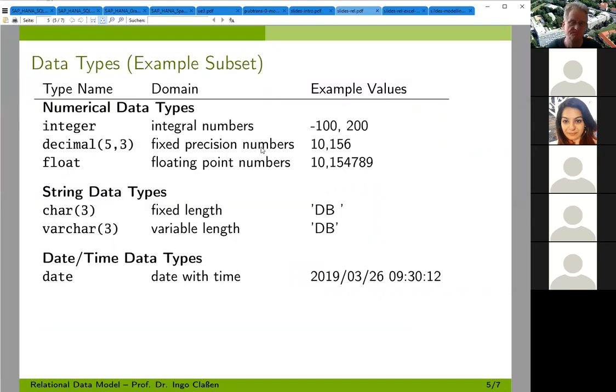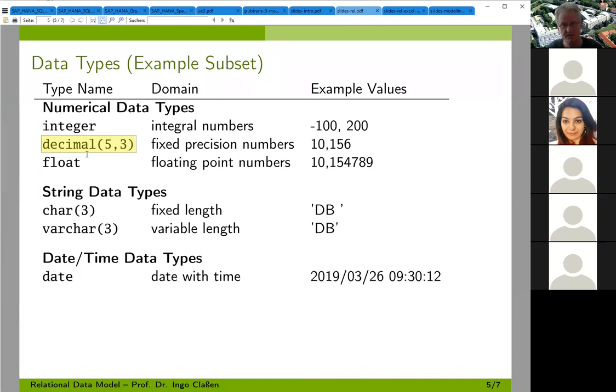So let's take a closer look at data types. So we have, for example, numerical data types. We have already seen an example of that, namely integral numbers, integers. But we could also have decimals.